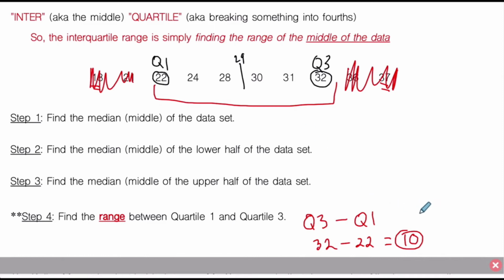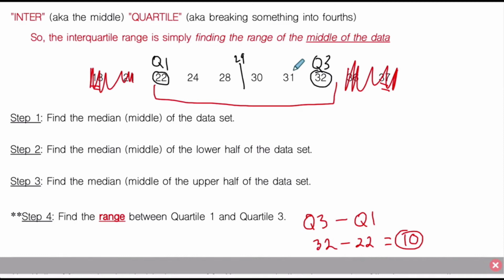And so they found a range, interquartile range, the middle quartiles. And that tells us that most of this data is spread between 22 and 32 and has a range of 10. That's a much tighter range as compared to the actual range, which would be 37 minus 18.